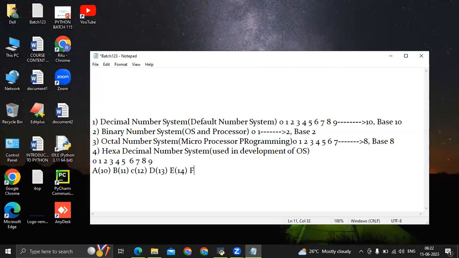Then it has F, which will be considered as 15. So total digits we have is 16, so the base will also be 16.